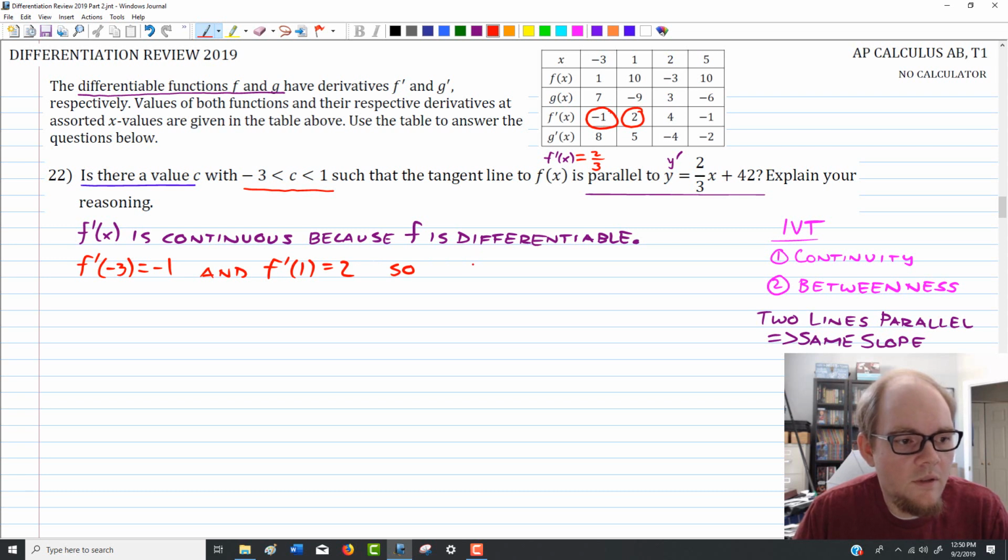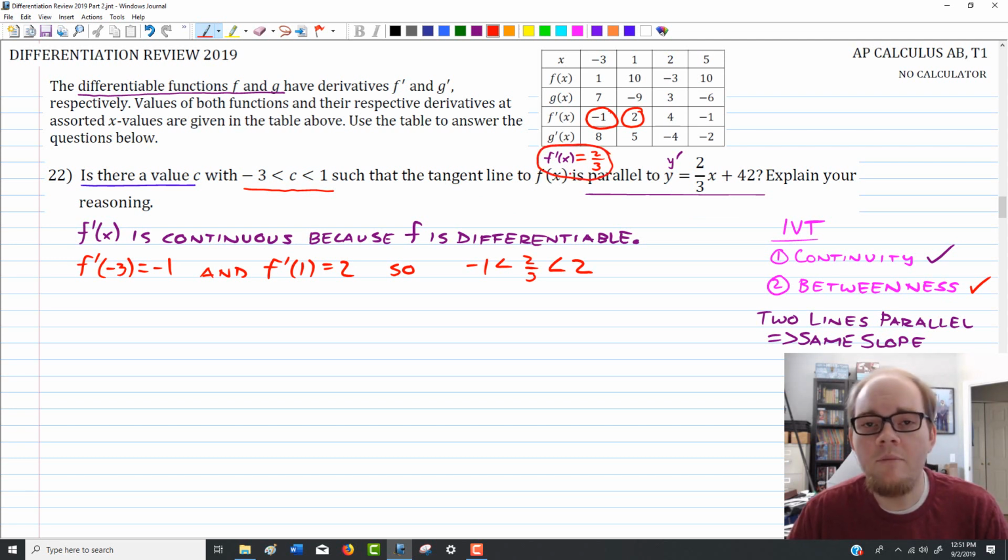Most important, -1 is less than 2/3 is less than 2. So we've just guaranteed continuity with the plum-colored pen, and betweenness with the red pen. We've guaranteed the two qualities for the intermediate value theorem. Now we should be able to guarantee there's a place where f prime of x equals 2/3.